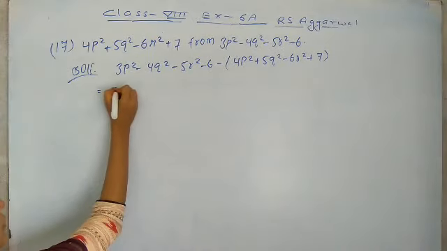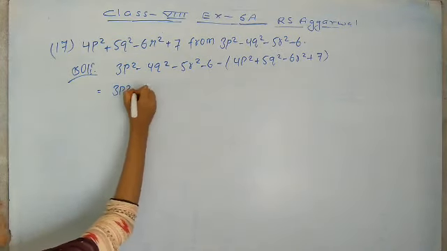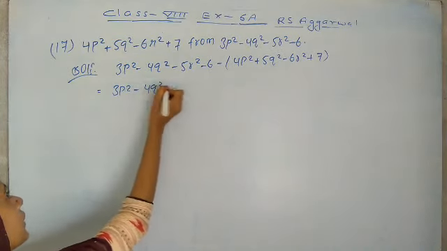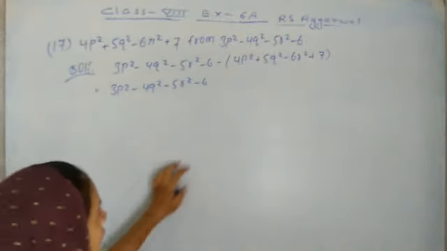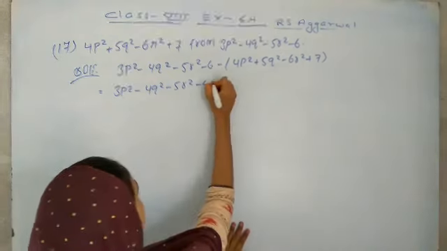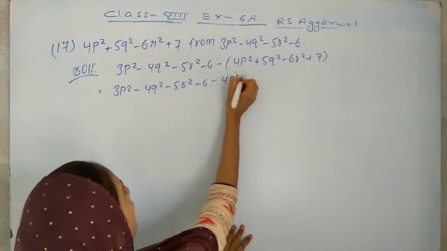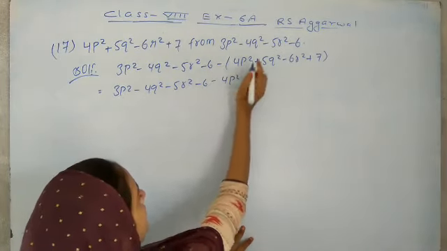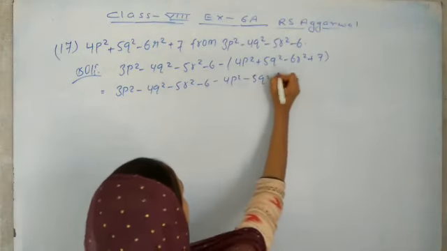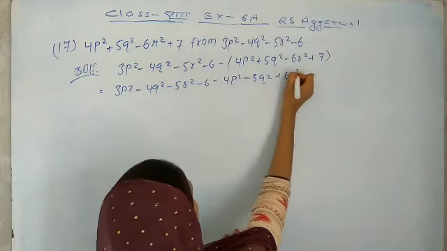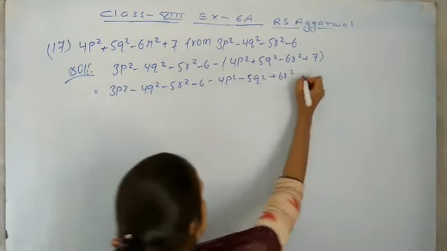So let's solve it. 3p square minus 4q square minus 5r square minus 6. And we know that minus plus minus, so minus 4p square, and minus plus minus means minus 5q square. Minus minus plus 6r square and minus plus minus 7.